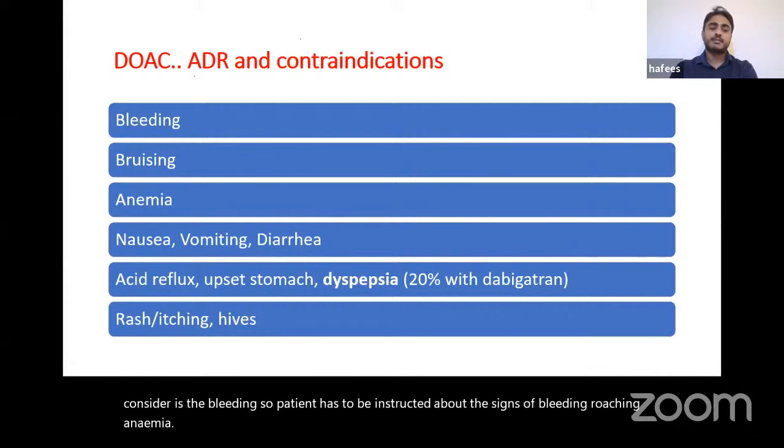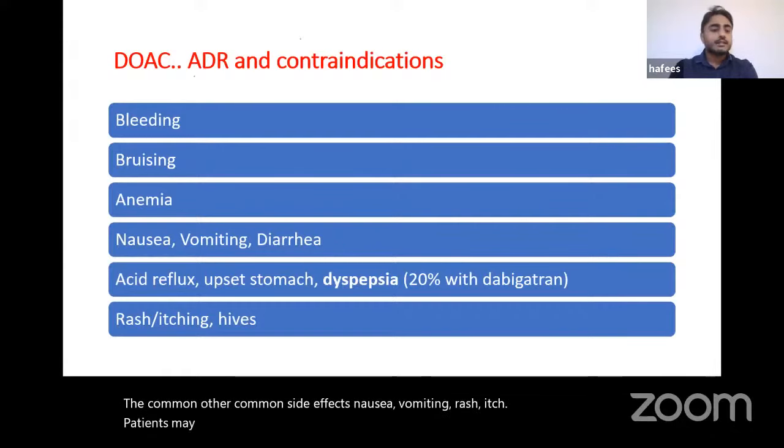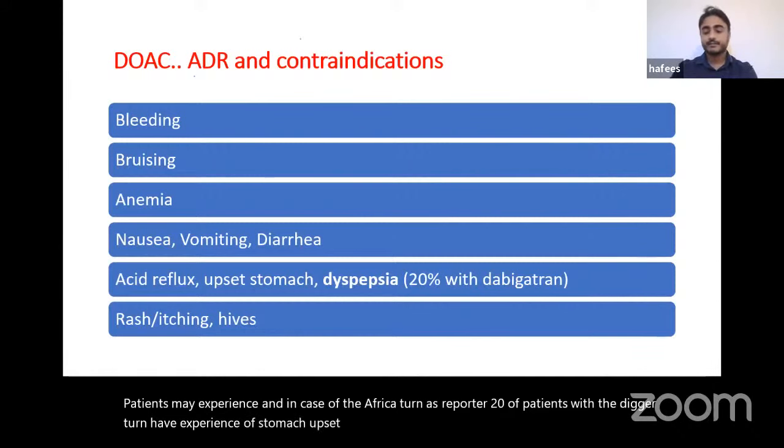A complete blood count has to be checked before treating and then every year. The other common side effects like nausea, vomiting, rash, itch, some patients may experience. And in case of dabigatran, it's reported 20% of patients have experienced stomach upset and dyspepsia.